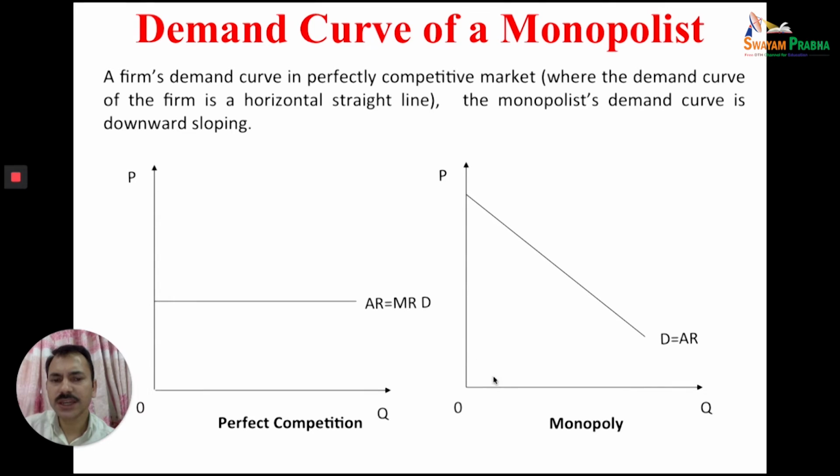Whereas in the monopoly, like this second diagram, this is the demand curve, which is equal to AR, but it is not equal to marginal revenue. In perfect competition the product is homogeneous; you are not able to differentiate one product from another. But in monopoly, AR will be greater than MR. Here, MR will be less than the average revenue curve or demand curve.